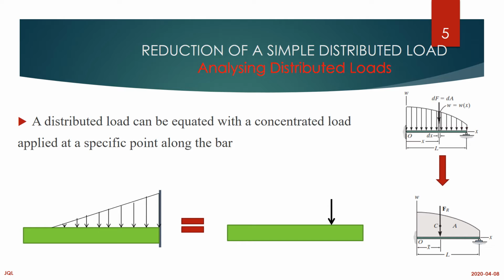Analyzing distributed loads. A distributed load can be replaced with a concentrated load applied at a specified point along the bar. This is a distributed load. It looks like a triangle. You can reduce this just to be a point load.